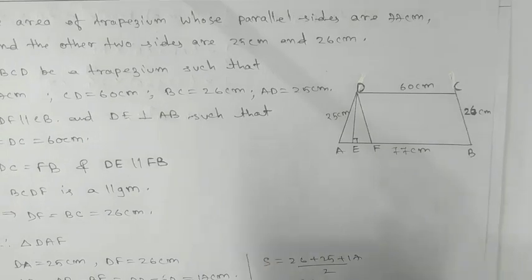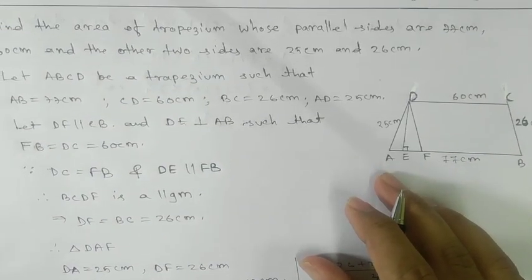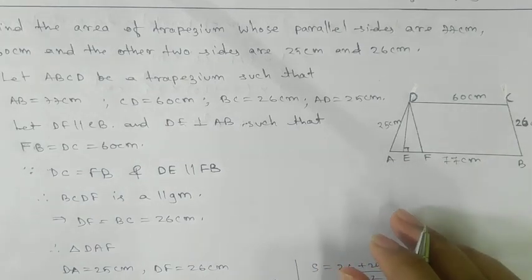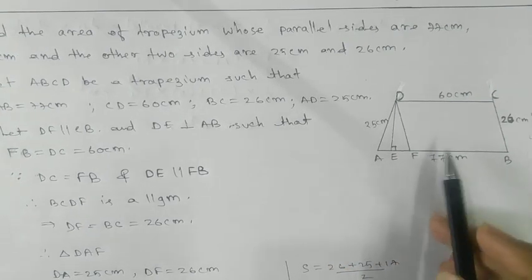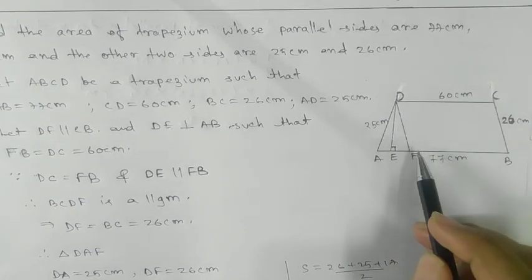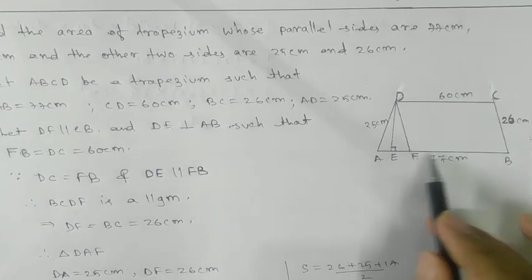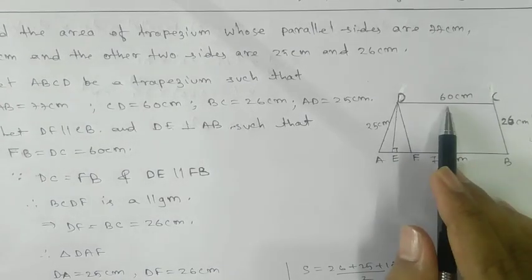We'll see here. So here you have, find the area of trapezium whose parallel sides are 77 centimeter, 60 centimeter, and the other two sides are 25 centimeter and 26 centimeter. So here we need to take DF such that BF equals to DC.